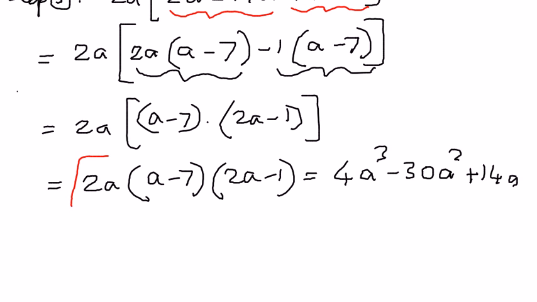Sometimes we may have to pull out a common monomial, and then we bring it back and attach it as part of the answer towards the end. So 2a times a minus 7 times 2a minus 1 is the factored form for the trinomial 4a cubed minus 30a squared plus 14a.